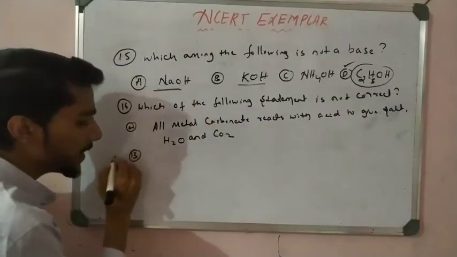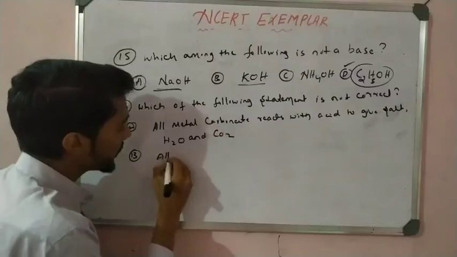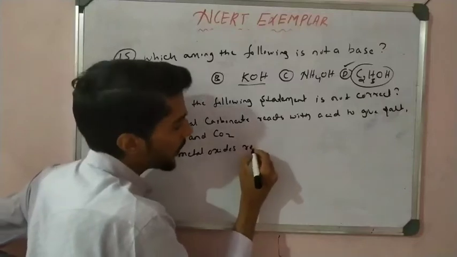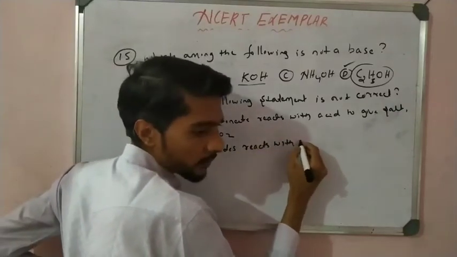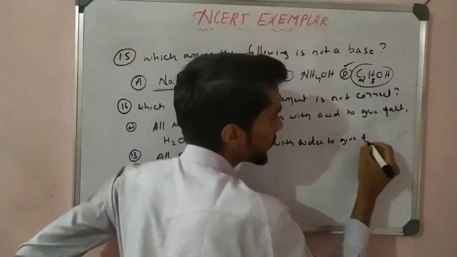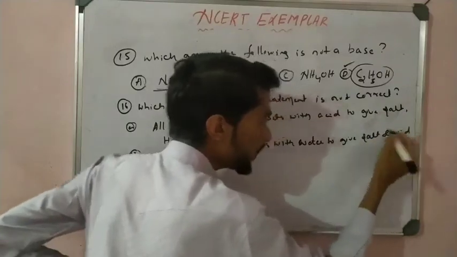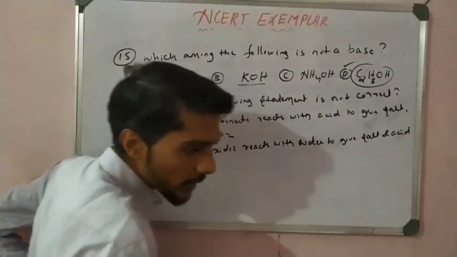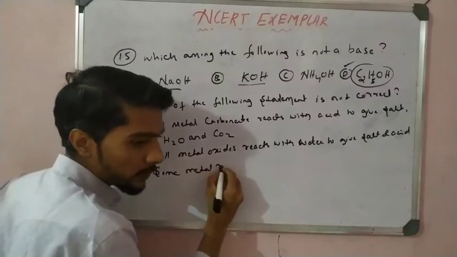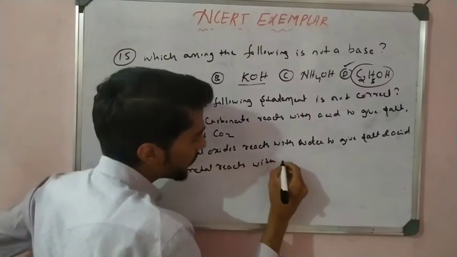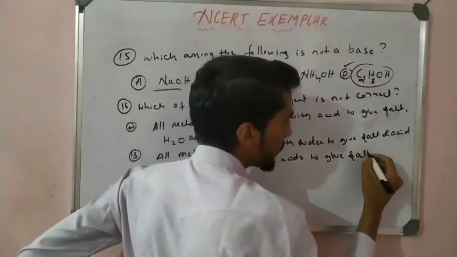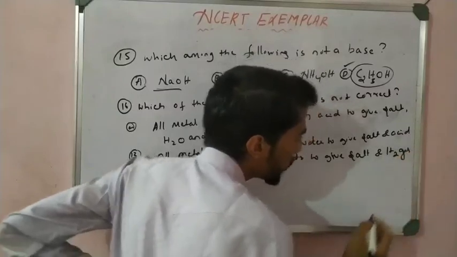That is correct, students. Option B, all metal oxides react with water to give salt and acid. I was confused here, so let's see. Option C, some metals react with acid to give salt and hydrogen gas, H2 gas.